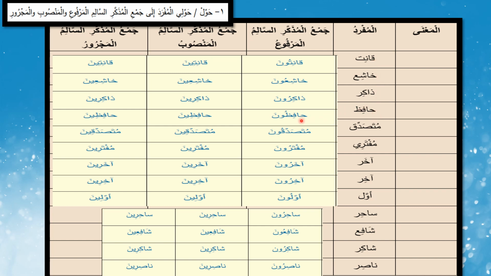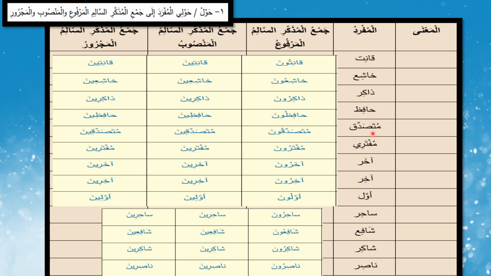Zakir, the one who mentioned, it is ismun fa'il, comes from the verb zakara. And khashi also is an ismun fa'il. All are, I think, ismun fa'il here, all coming from the verb qanata, khasha'a, zakara, hafiza. So zakirun, zakirin and zakirin in majroor case is the same.